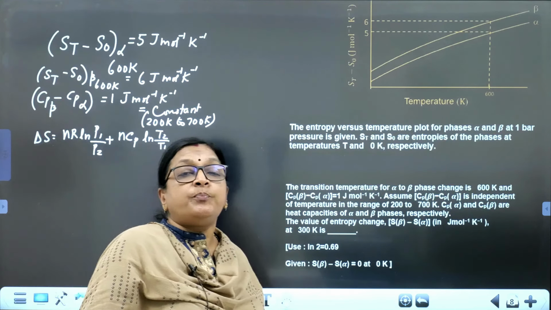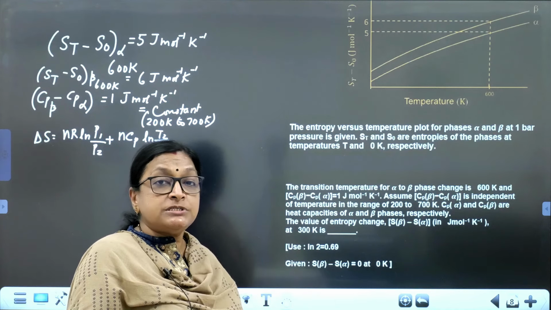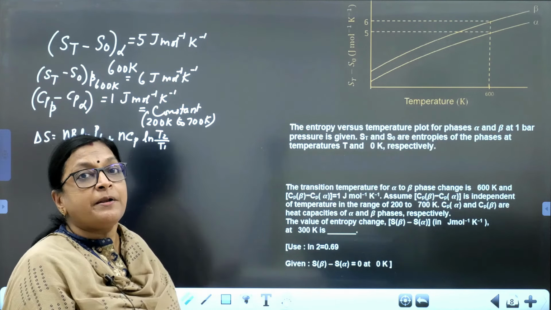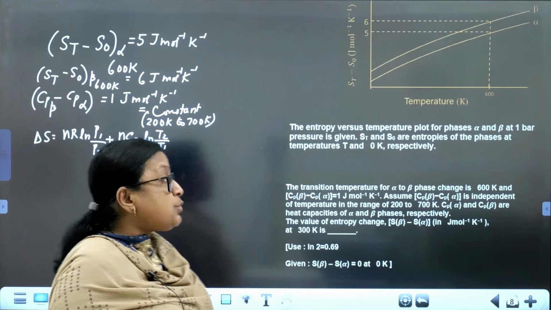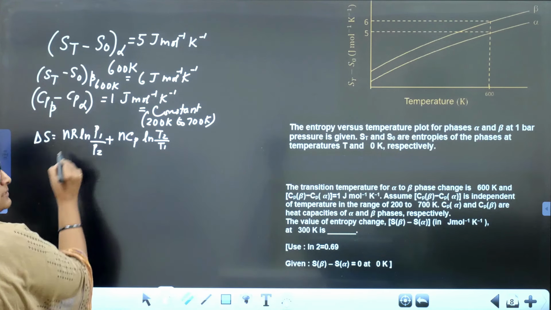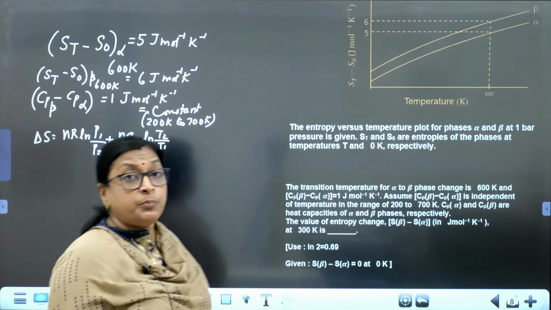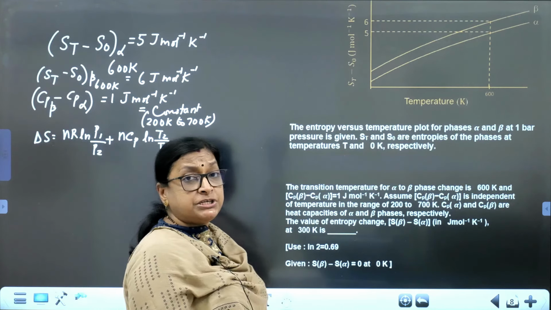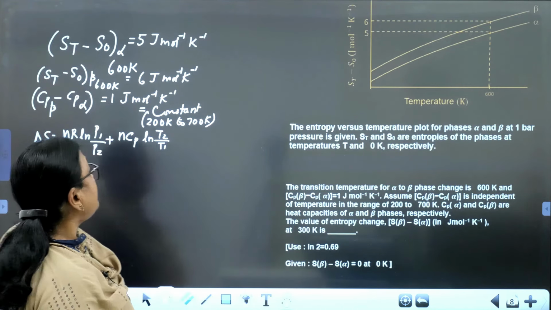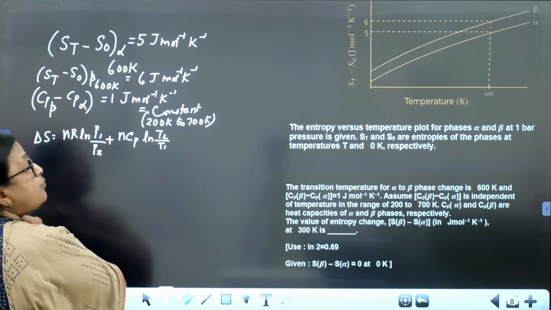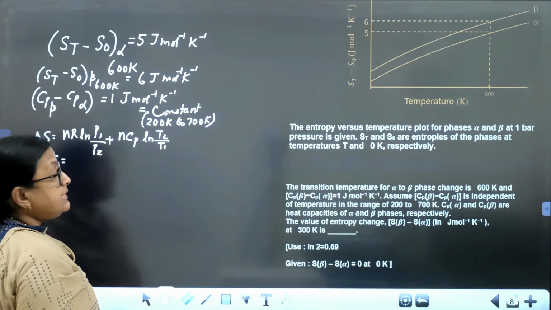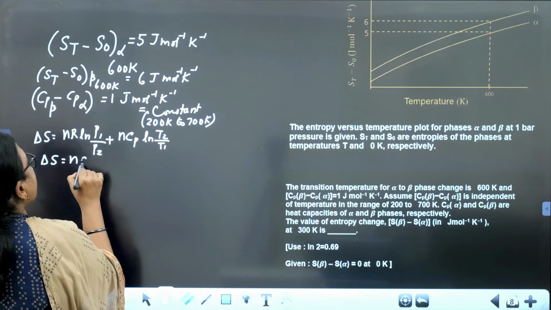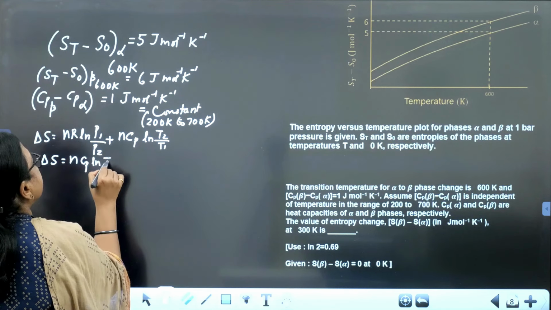This is the entropy change formula to be used here, and at 1 bar pressure, meaning the pressure is constant, P1 is equal to P2, so this term gets cancelled and no more exists. You can directly use the formula delta S is equal to nCp ln T2 by T1.